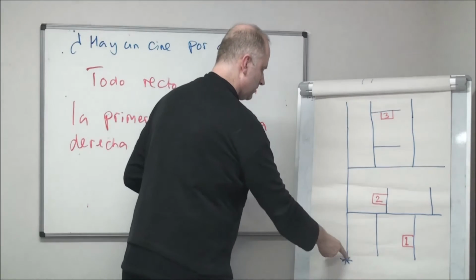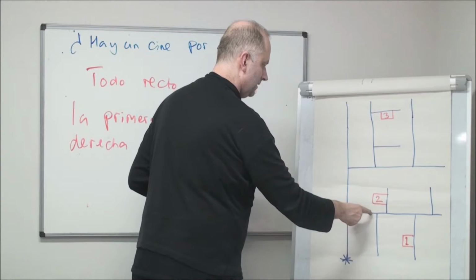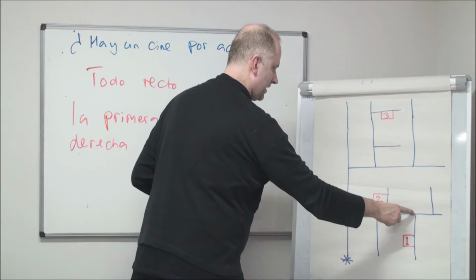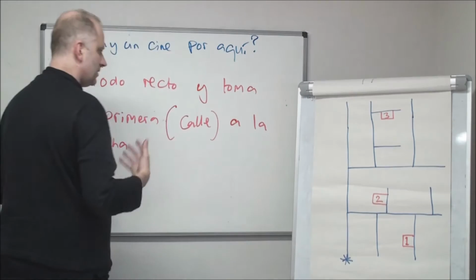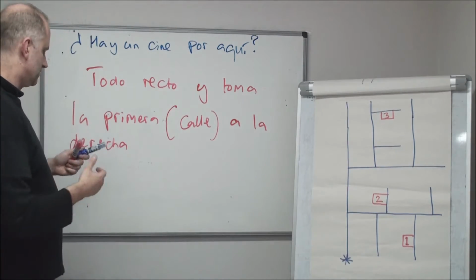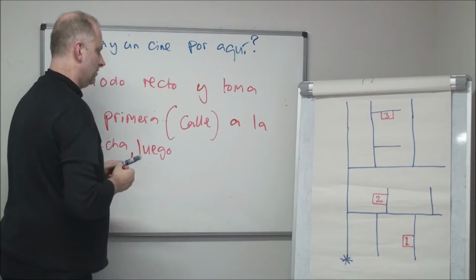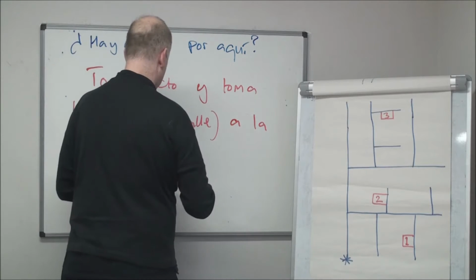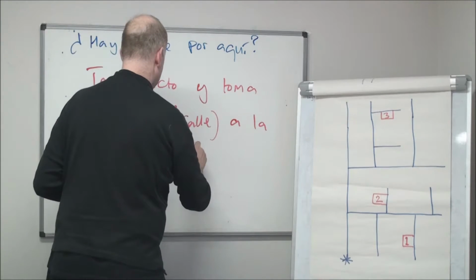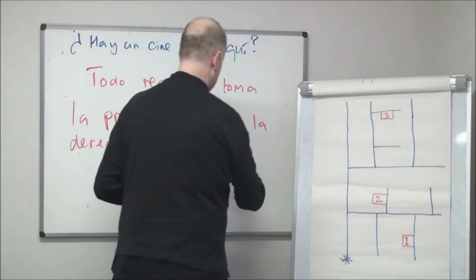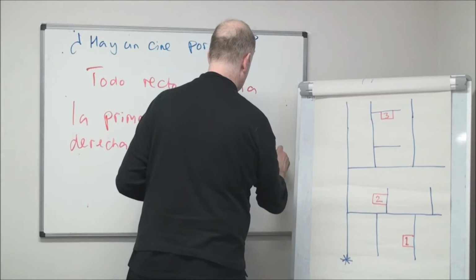Okay, so go straight on to the first right, and then the second right. So then you want to say luego, and then you can say toma again, toma, take, la segunda.